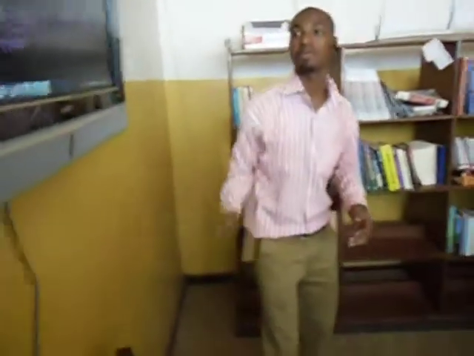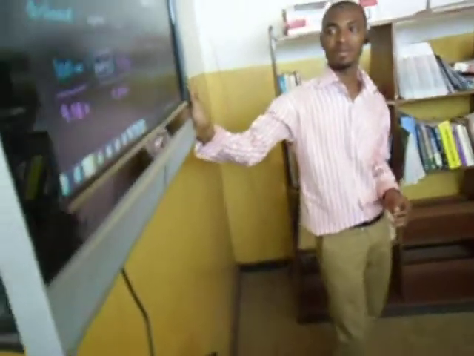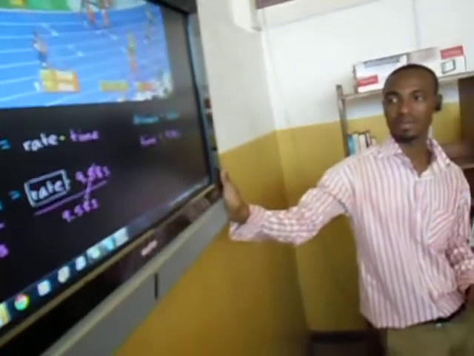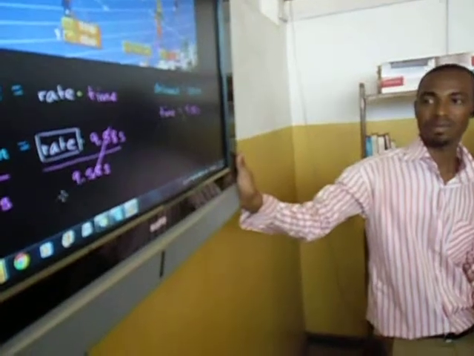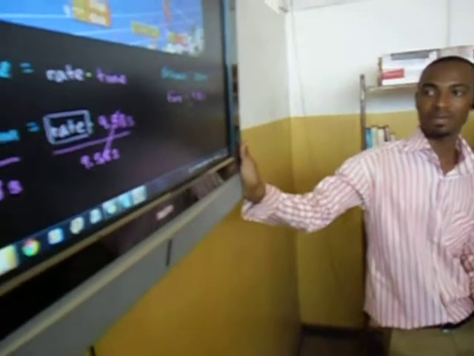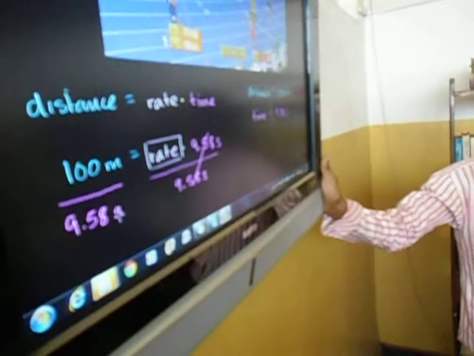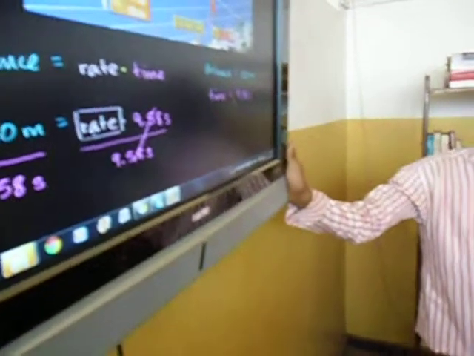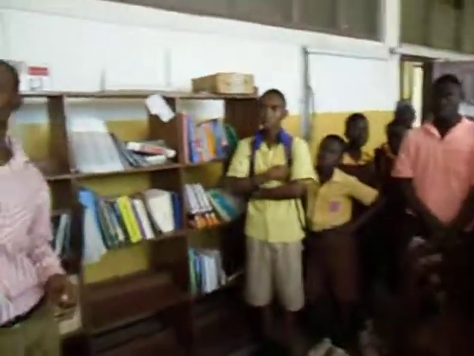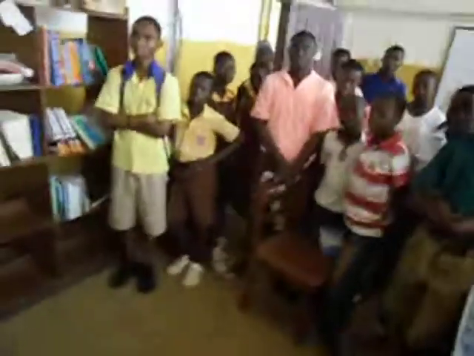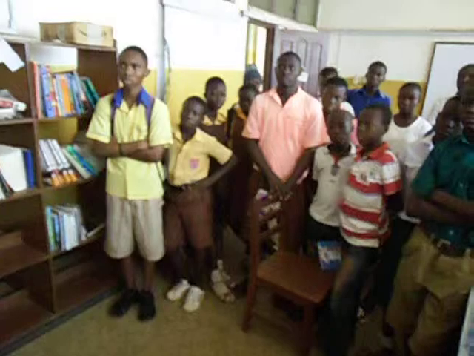So 9.58 seconds. On the right-hand side, and this was the whole point, these two cancel out. And then on the left-hand side, I'm left with 100 divided by 9.58, and my units are meters per second, which are the exact units that I want for rate or for speed. And so let's get the calculator out to divide 100 by 9.58.